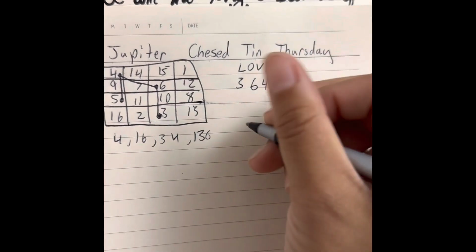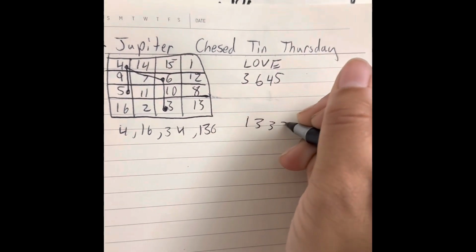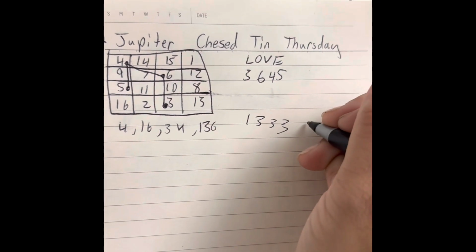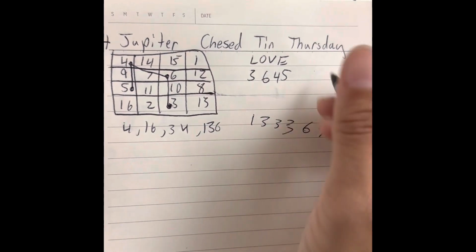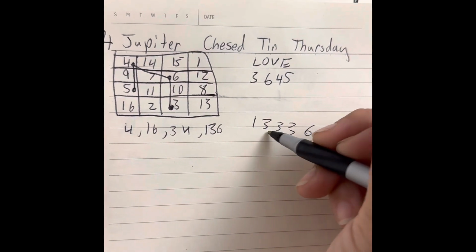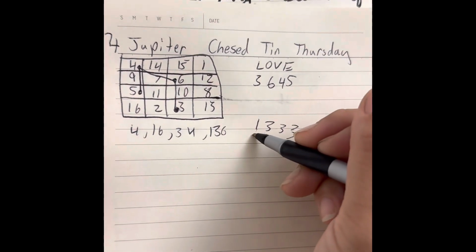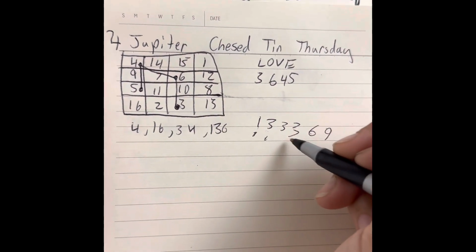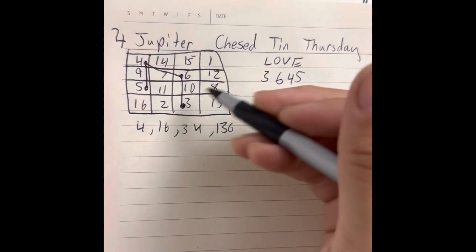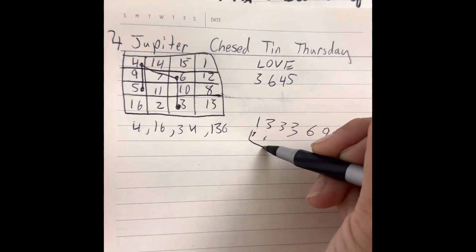When it was 1 3 3 3, it wasn't 6 9 or whatever. But instead of going from one number to one number, if it's within the square, you can combine it.